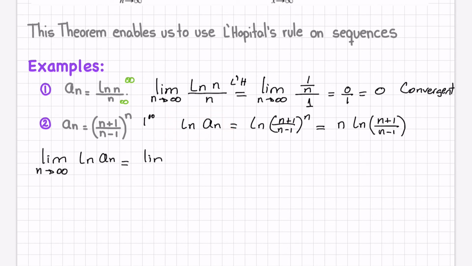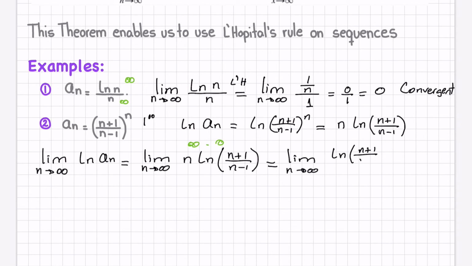Is the limit as n approaches infinity of n ln of (n plus 1 over n minus 1), which is an indetermination of the form infinity times 0. And we can use L'Hopital, but we have to rewrite it as ln of (n plus 1 over n minus 1) and flip the bottom one.